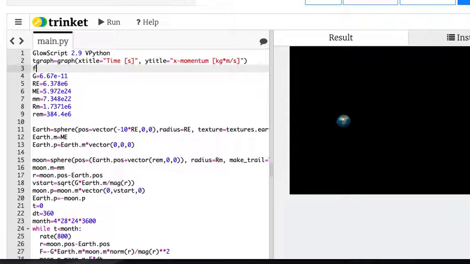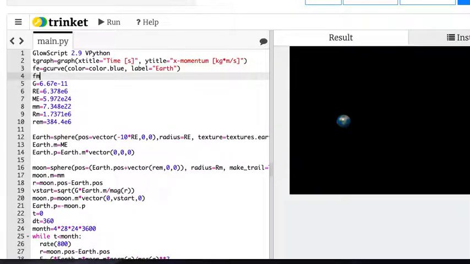And then Fe equals gcurve, that's the plot for the Earth. gcurve color equals color.blue. Label equals Earth. Fm equals gcurve. I'll just leave this one as black. It's the moon, but I'll give it a label: Moon. Now go down here.